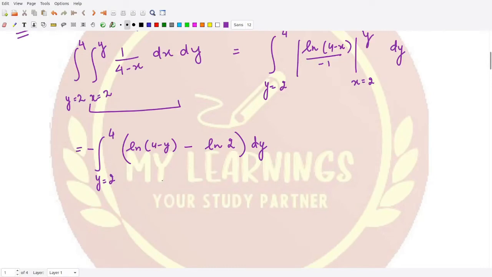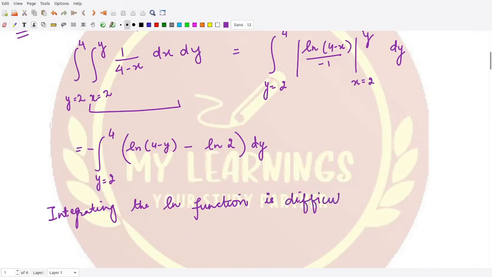Now you see, integrating this log function is very difficult and it would take time. You could proceed by this integral also, but what we are going to do is change the limits.